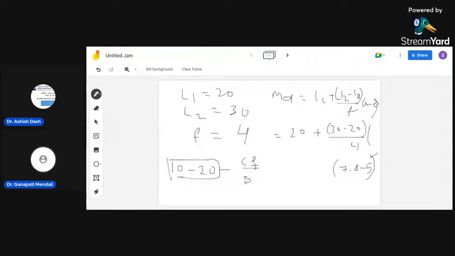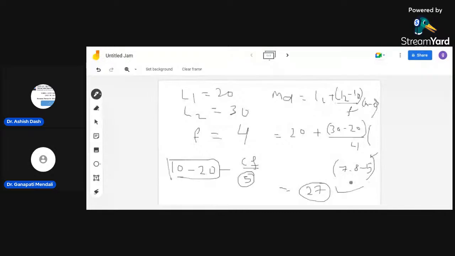So you have to be very, very careful about C. If you solve all these, you will get the value 27. So this is our median value. Just to practice, and if you have any query you can ask me in the next class.